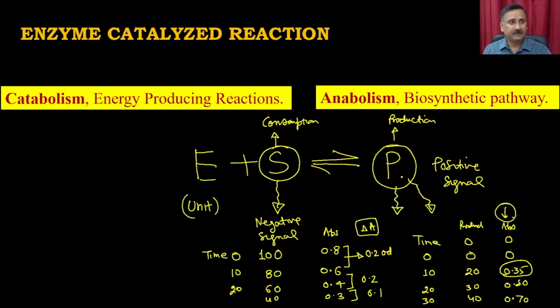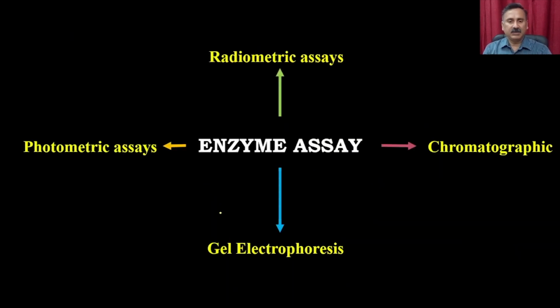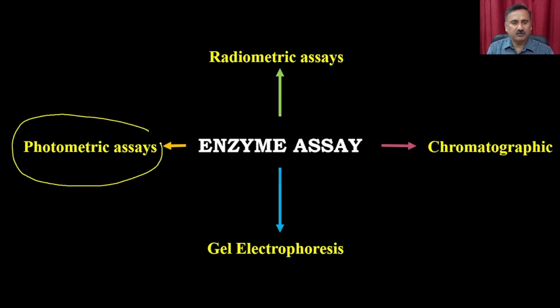So depending on the different types of properties of the substrate or the product, enzyme assays can be done by utilizing different types of techniques. What are these techniques? You can use the photometric assays, where you can measure a change in absorbance, or a change in fluorescence, or luminescence and all that.